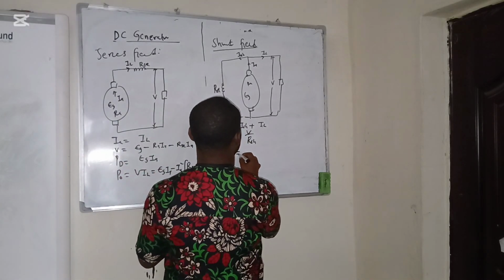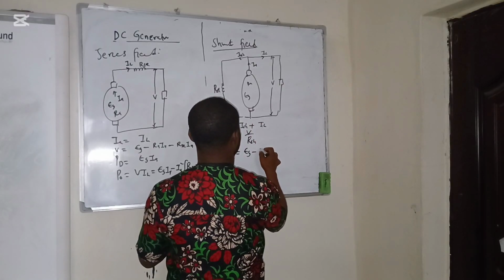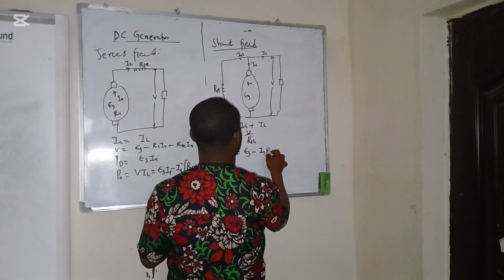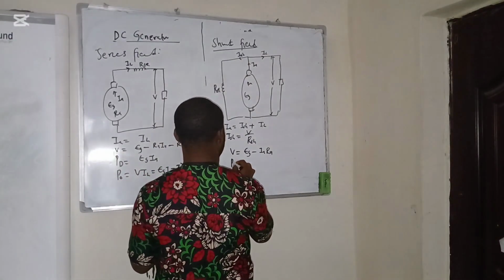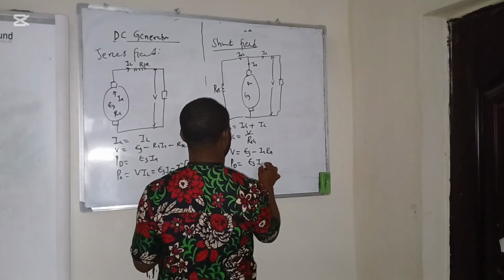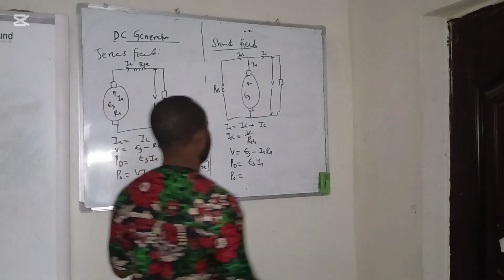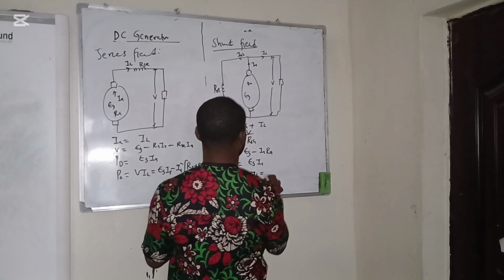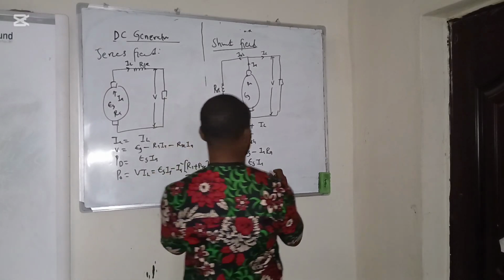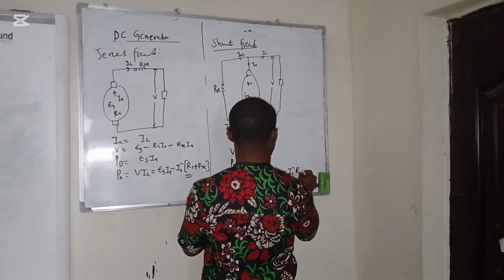And V is the same thing as the induced EMF minus the drop in the armature windings. And also the power developed is the same, and this is the power delivered. The power delivered is the same thing as V times this, which is the same thing as this.